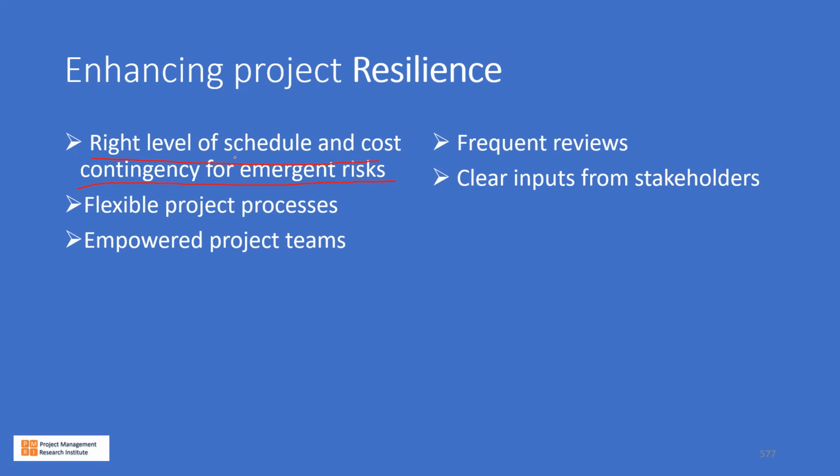So the right level of schedule and cost contingency for emergent risk, and flexible project processes and empowered project teams who can make decisions, and frequent reviews and clear inputs from stakeholders.